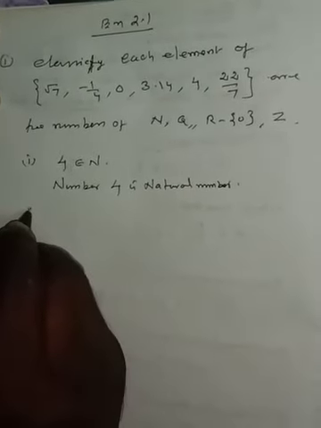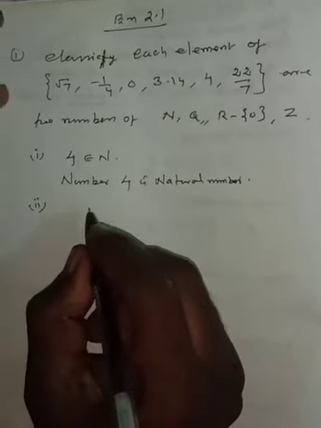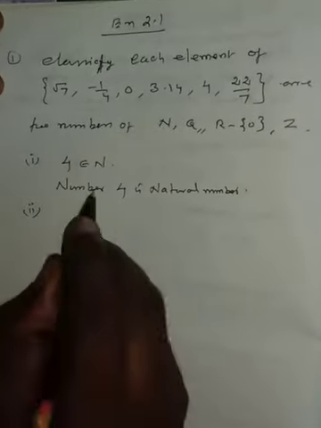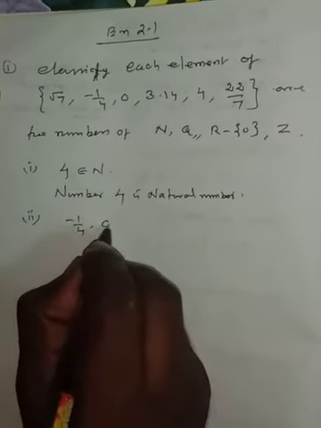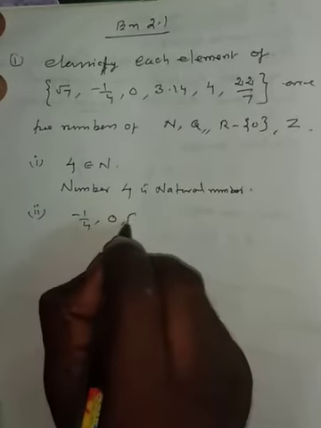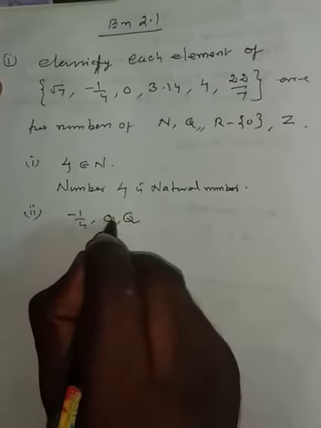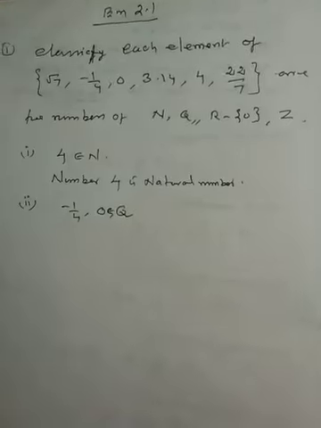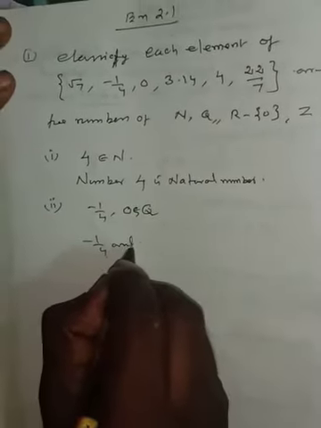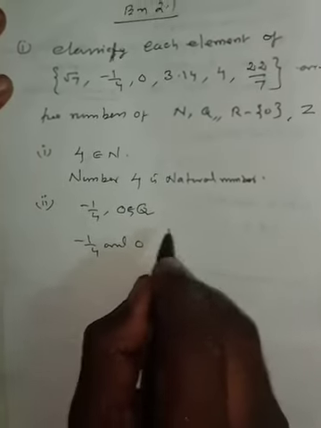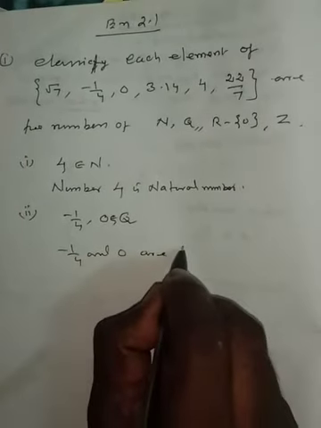Next, subdivision number 2: minus 1 by 4, comma 0 belong to Q. So minus 1 by 4 and 0 are the rational numbers.